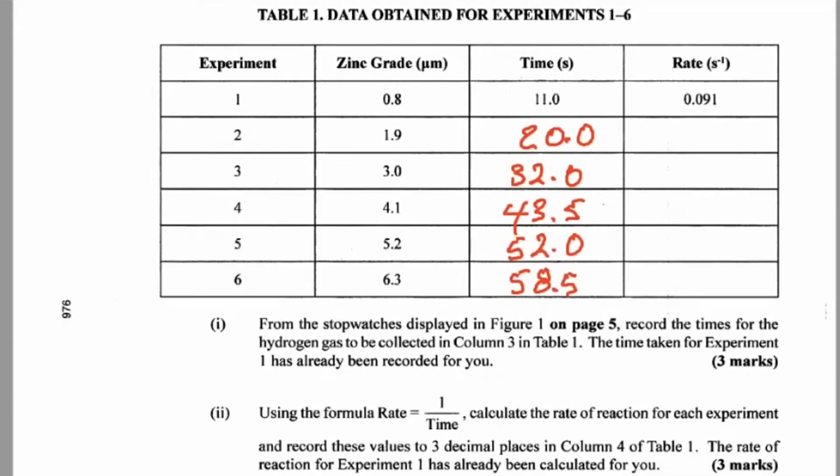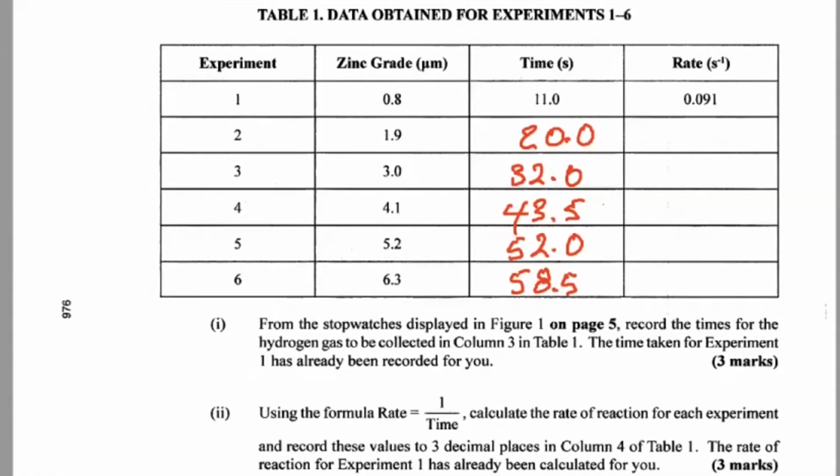And we're not doing this in a vacuum. I would like us to look at the radius of the zinc grade that we're using. In experiment 1, we had zinc granules with 0.8 microns, and they kept on increasing. Experiment 2, 1.9, experiment 3, 3.0. So the radius was getting larger and larger.